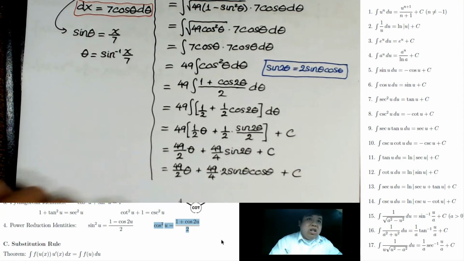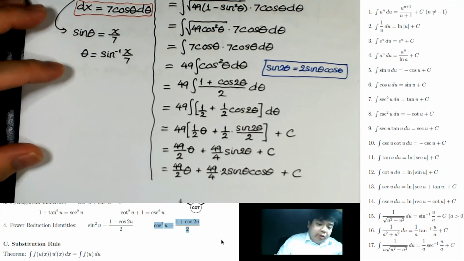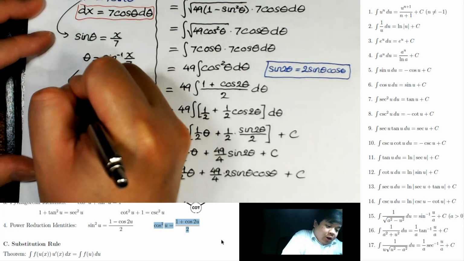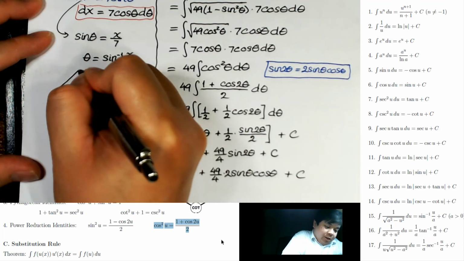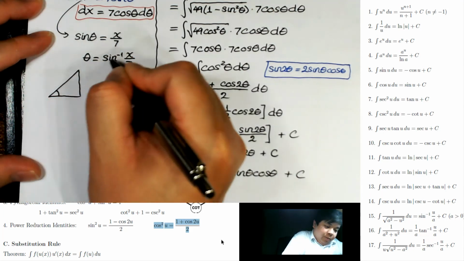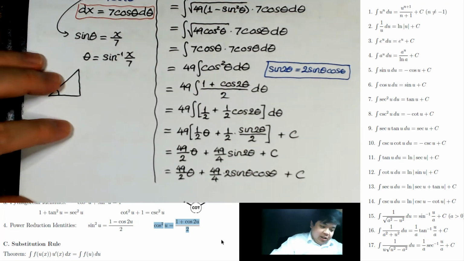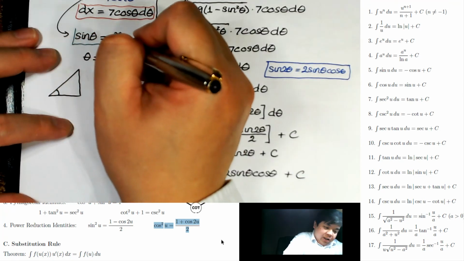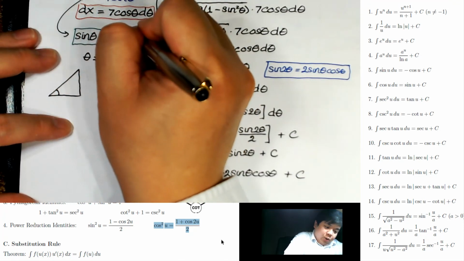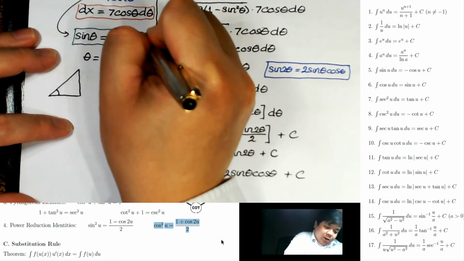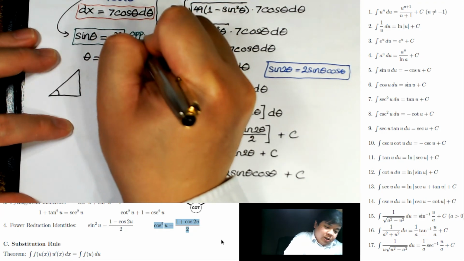We need to know what cosine is. To figure out what cosine is, we have to draw the triangle using this identity. Sine is equal to opposite over the hypotenuse.